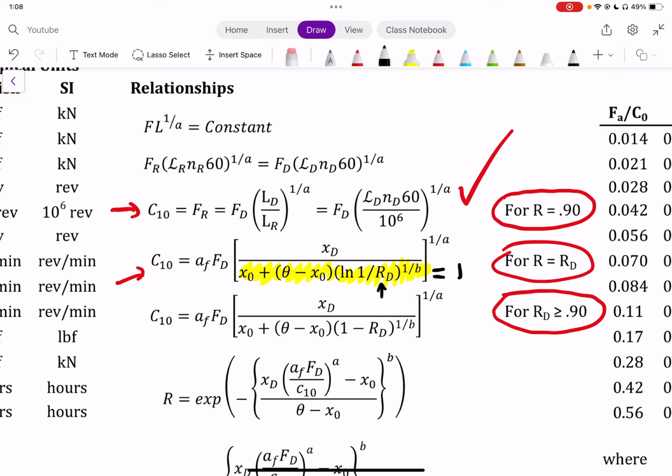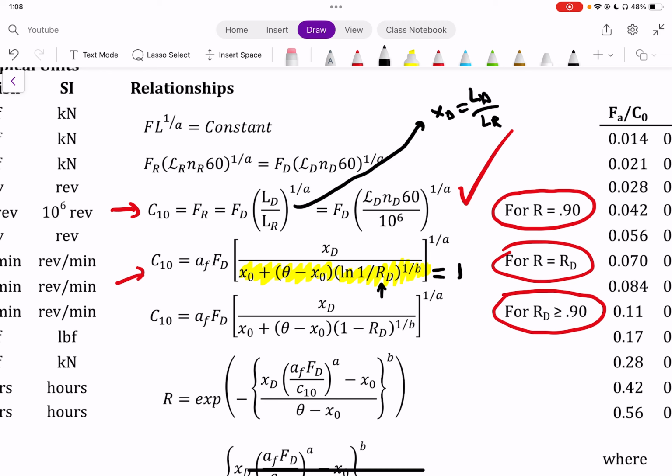And remember, XD is equal to LD over LR. So essentially this bottom part is equal to 1, and we're just left with AF times FD times XD to the 1 over A. So you could use any equation in this case, but obviously we're going to use the simplest equation, which is the first one.